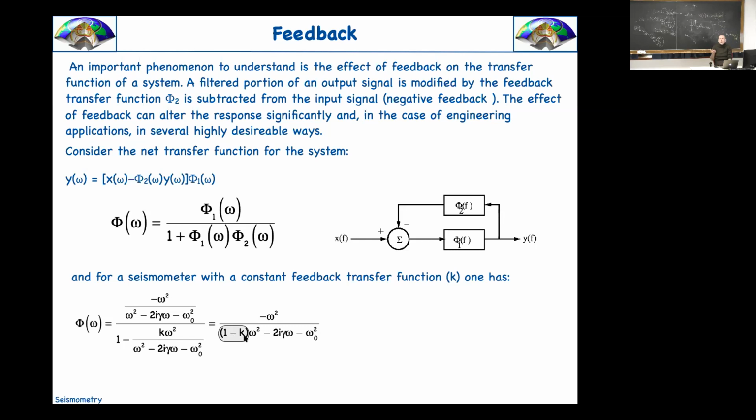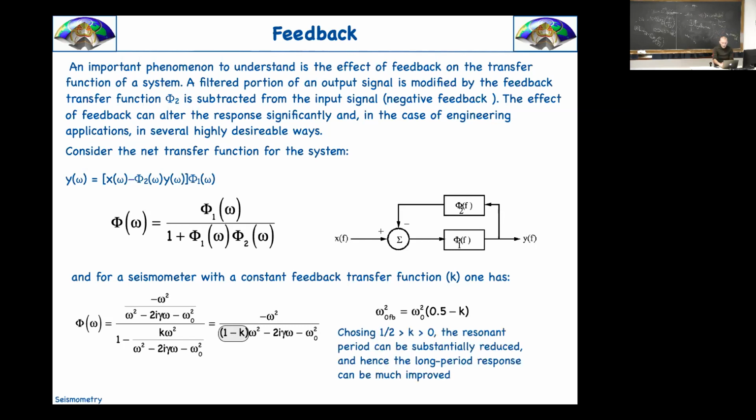And you can say, so what? Well, if I can handle k very rapidly, I can change its frequency. What does it mean? That the effective resonant frequency of an instrument depends on a new parameter. And if we can tune it very rapidly, we can have a forced feedback instrument.